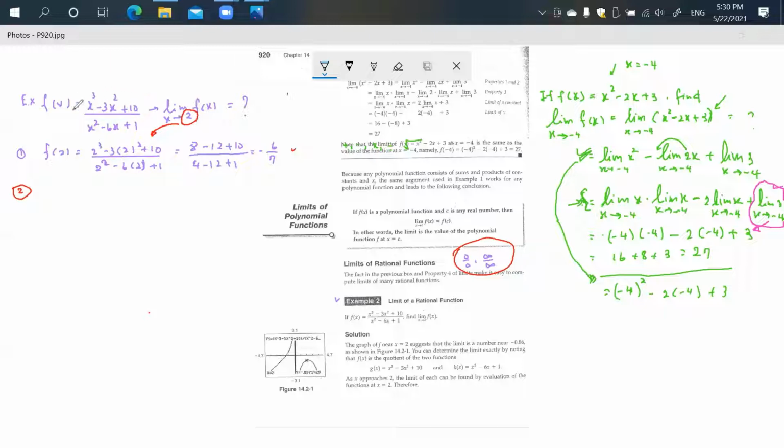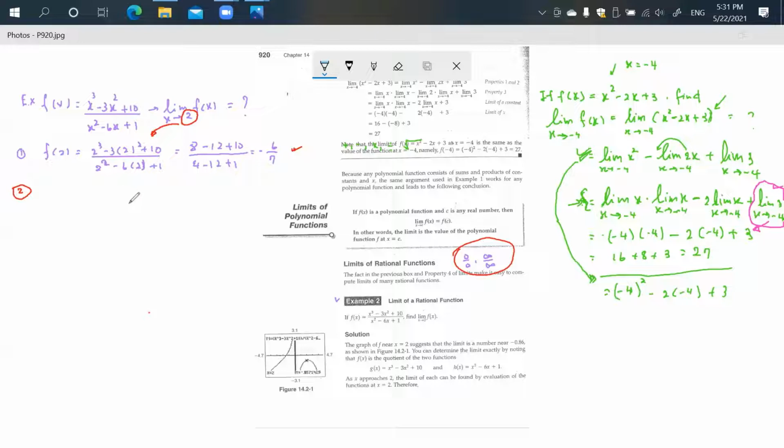Cannot factor, cannot do anything. And this one also can't be factored or simplified. So simplify doesn't work for this case. Then otherwise you go to the third step, use a table. Again, the table is the last choice. Okay. So now if you don't need to show the work, you get the answer.